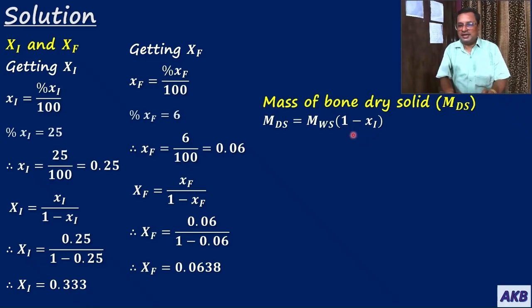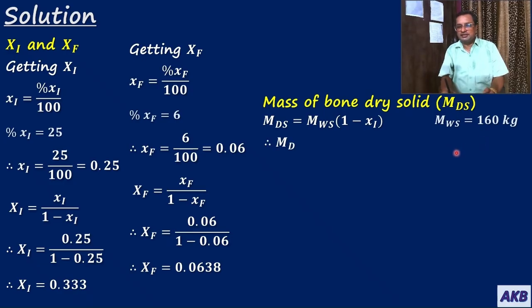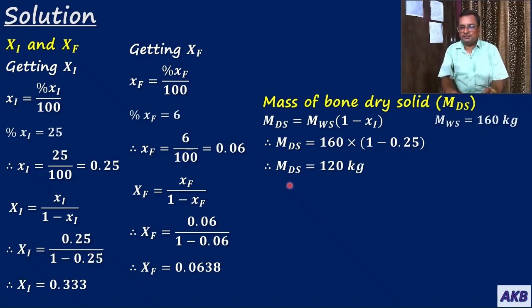And if you multiply 1 minus xi, that is fraction of bone dry solid, with mass of wet solid, you are going to get mass of bone dry solid. So MWS, we know it is given to us, it is 160 kg. So therefore MDS is 160 into 1 minus 0.25, that gives us MDS as 120 kg. So mass of bone dry solid, that is MDS, it is 120 kg.